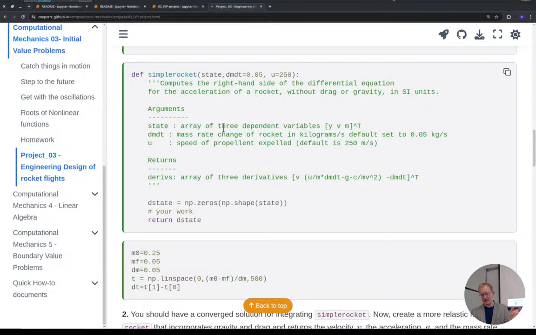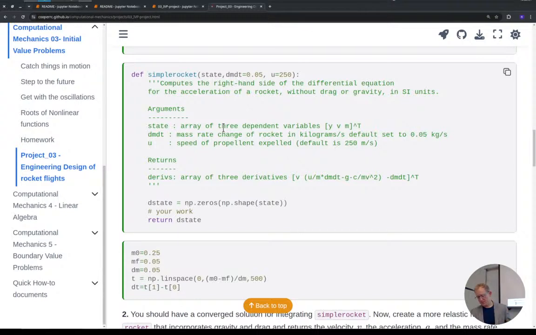And it's the right shape for that input of state. What we had been doing is that we were always dealing with a state with 2 things in it, a position and a velocity, or something like that. And here we just have position, velocity, and mass to describe the current state of this rocket.